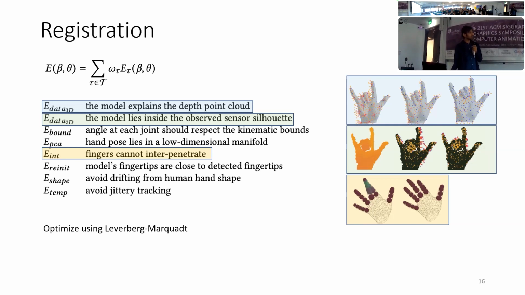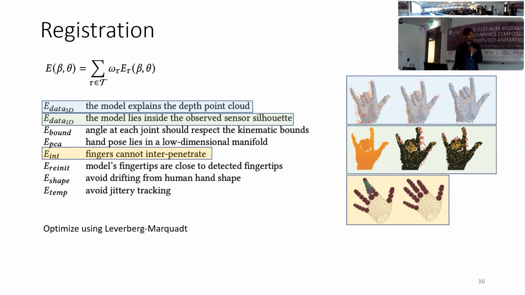The intersection term is used to penalize finger penetrations using a set of proxy spheres on the fingers, and this enables realistic deformations. We don't have any spheres on the palm because the angle limits take care of that.